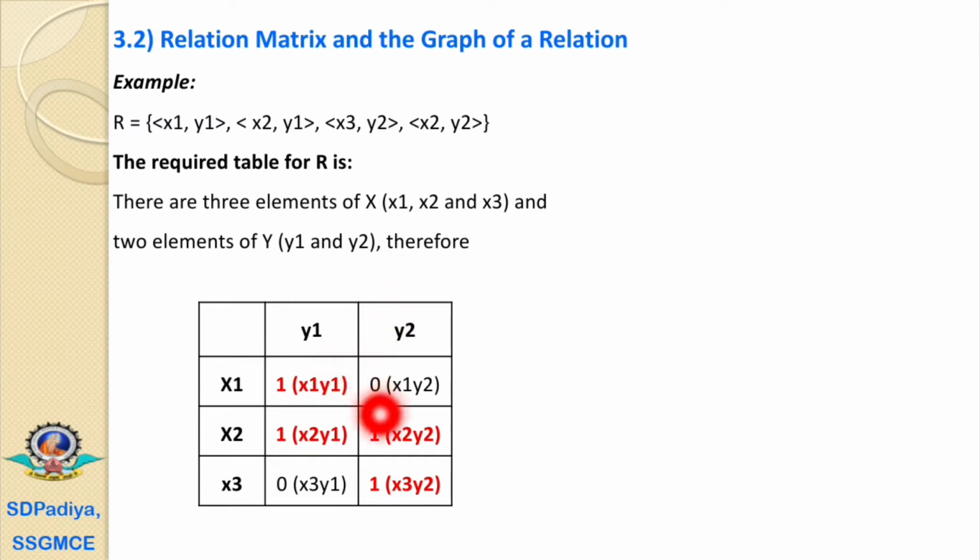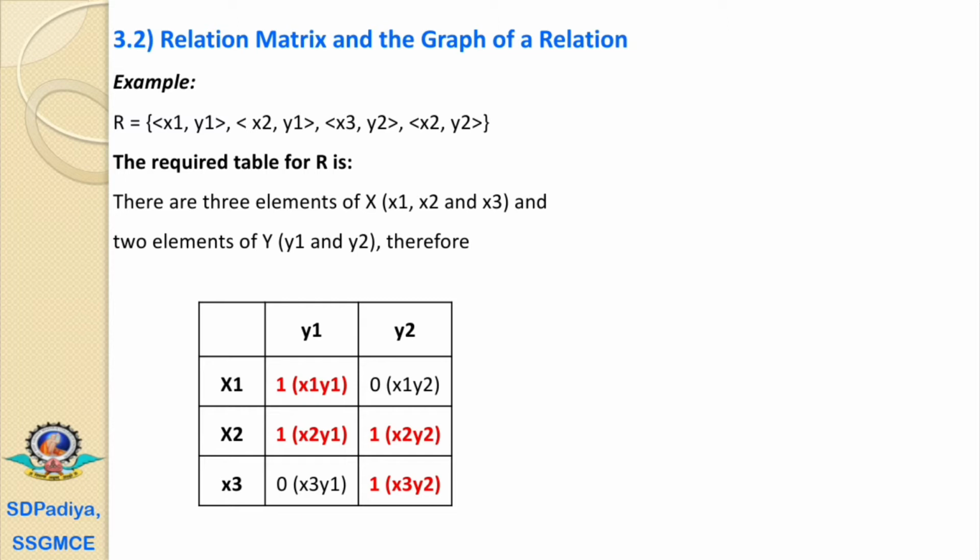Therefore, there will be 6 cells. The positions for these 6 cells are (x1, y1). We always write the x first, that is x1, y1. Second position is x1, y2. Next position is x2, y1. Then x2, y2. Next is x3, y1. And the last is x3, y2.